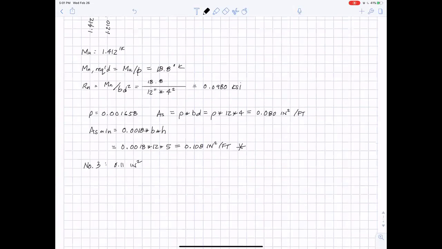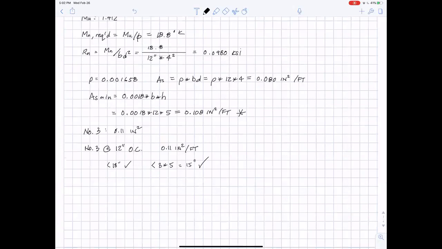So a number 3 every foot will give 0.11 inches squared per foot. And we're done. Oh, well, you need to make sure that that spacing is less than 18 inches. Of course it is. 12 is less than 18. And also less than 3 times the slab thickness, which is 5. 12 is less than 15, so that's good.